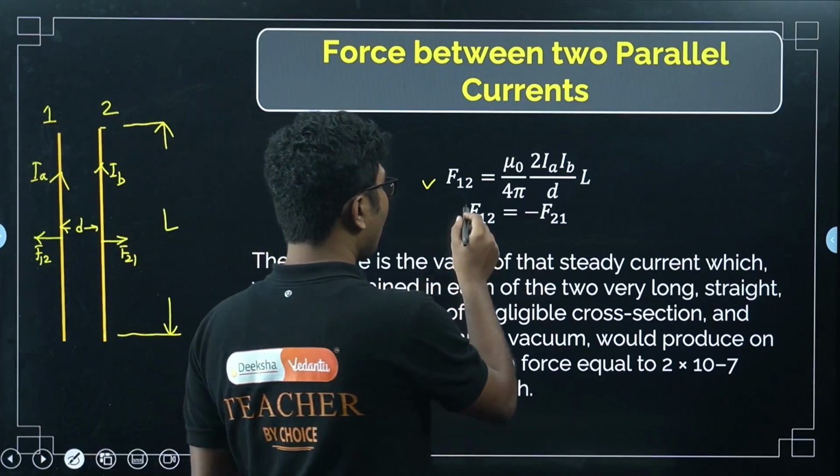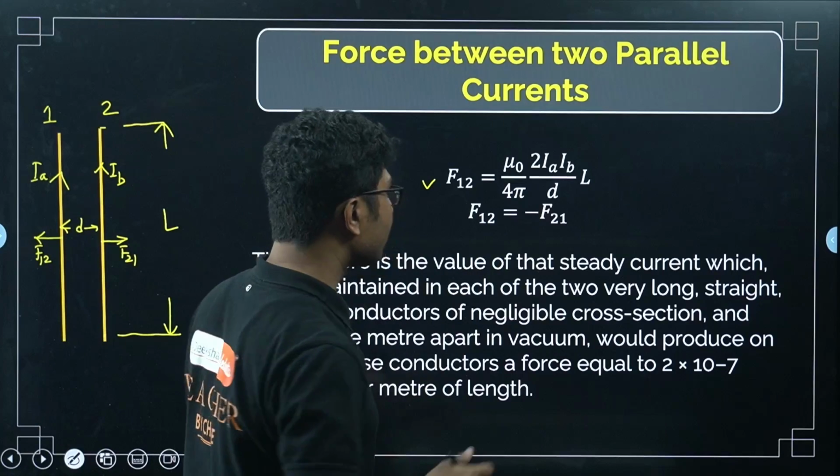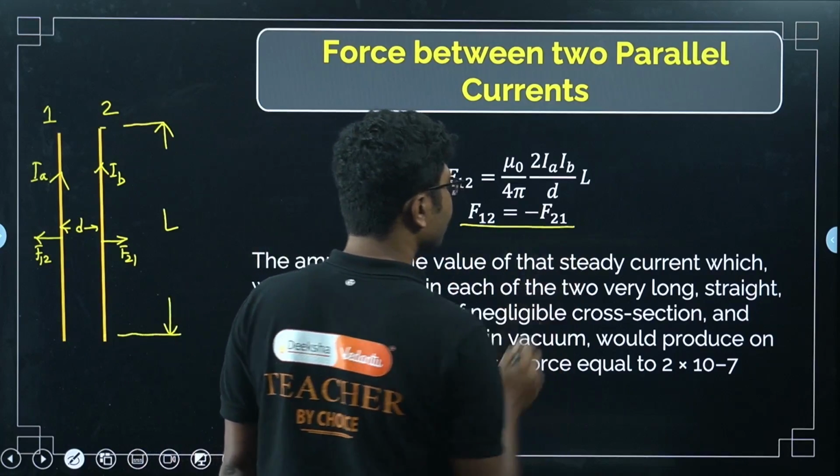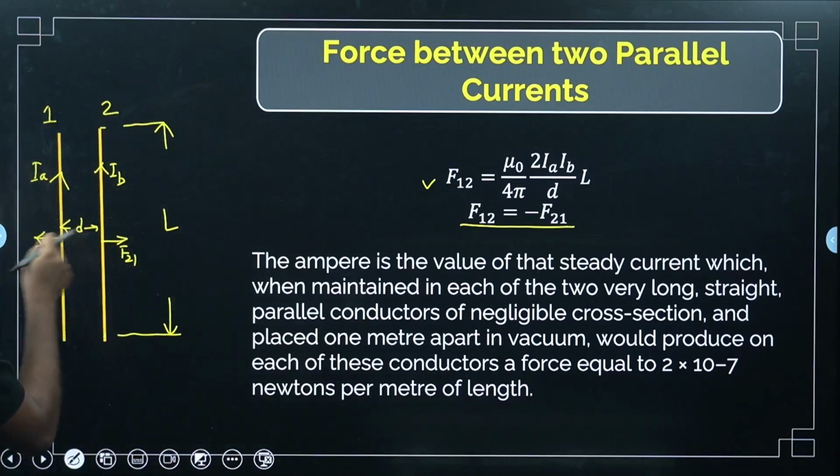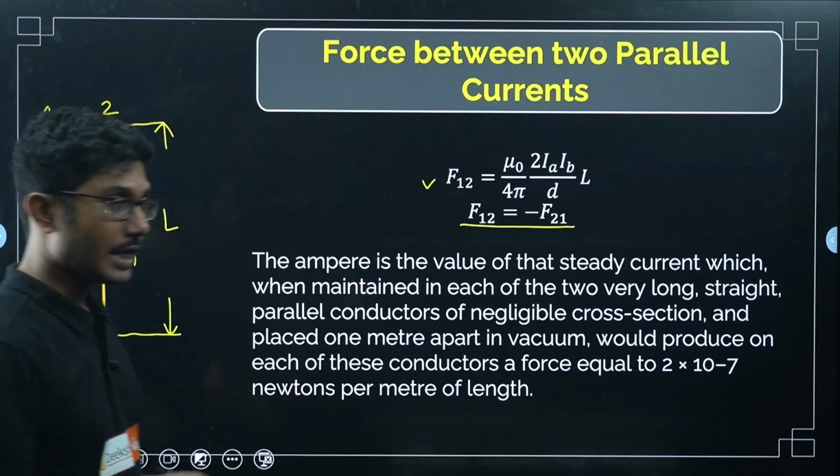Also, because Newton's third law is applicable here, these two forces should be equal and opposite. If this is pushing in this direction, the other should be pushing in the opposite direction.